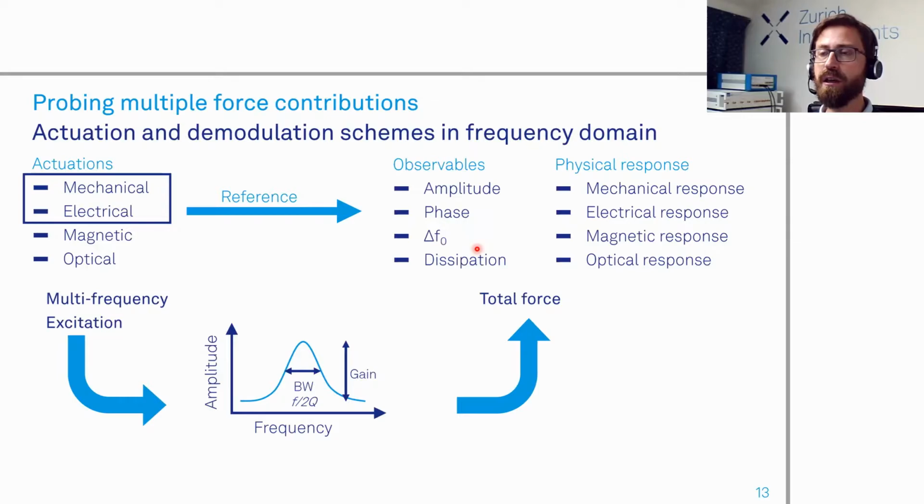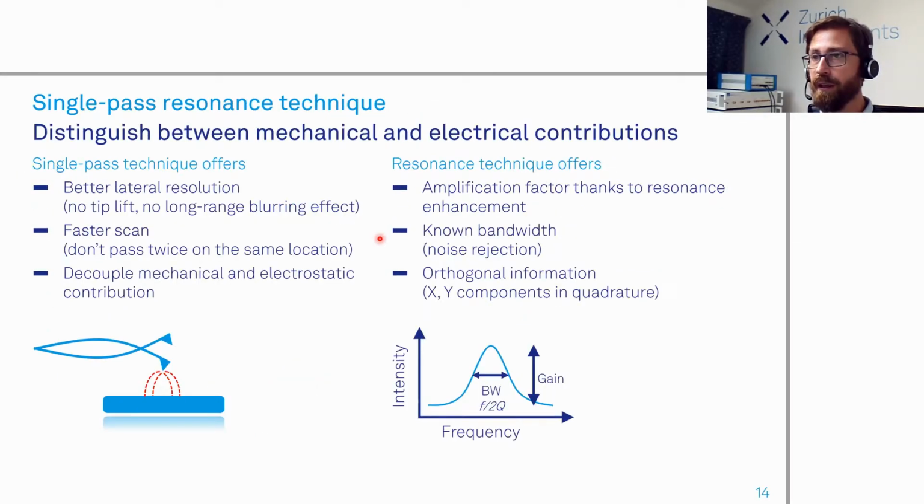So for the rest of this webinar, we will focus mostly on this electromechanical coupling, because this is at the heart of Kelvin probe force microscopy. And we will focus even more on a single pass resonance technique, and I'll explain why. By single pass, we mean that we want to measure both the mechanical and the electrostatic force at once.